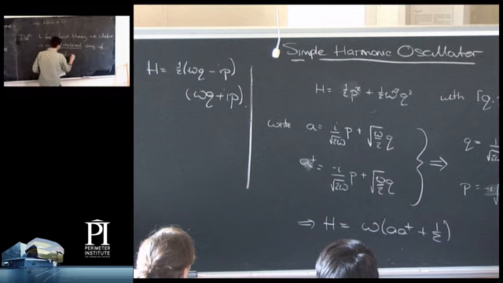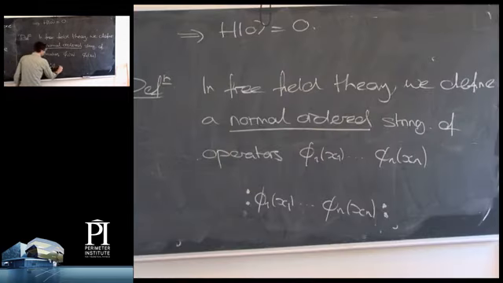So suppose I have any bunch of fields evaluated at any point. Then these are now all operators, so the ordering matters. And I'm going to define the normal ordered guys, and whenever I mean normal ordered, I'm going to put colons outside the string of operators.